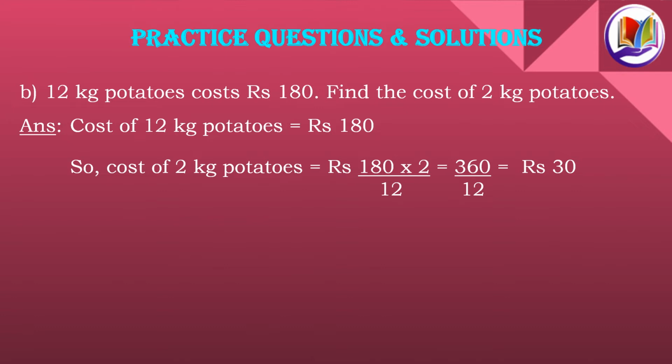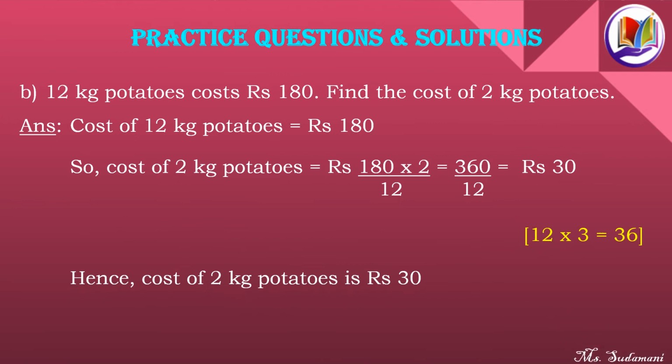So it would become 360 divided by 12, and we know that 12 3s are 36. So 360 divided by 12 will be rupees 30. Hence cost of 2 kg potatoes is rupees 30.